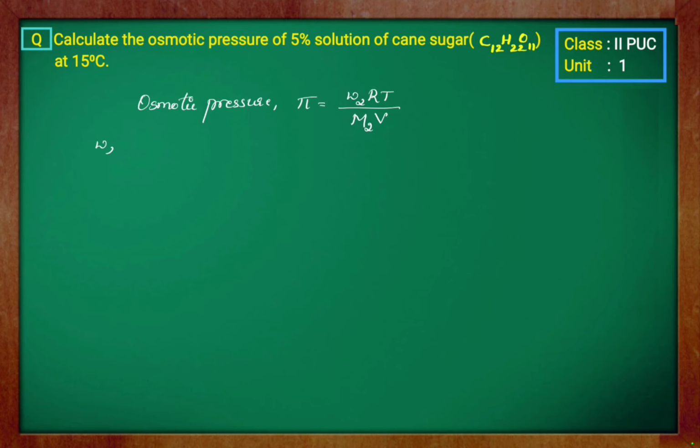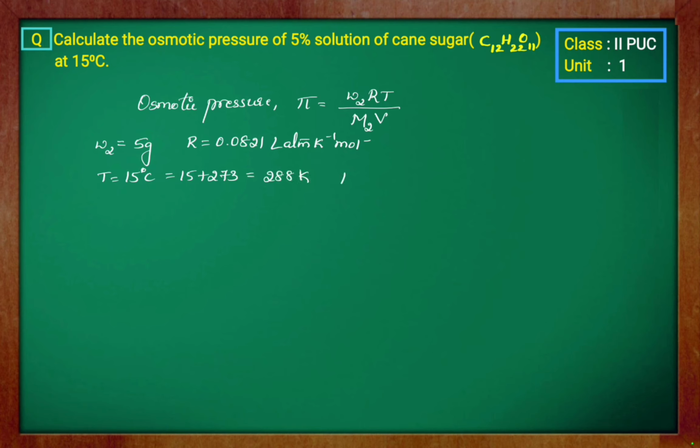So I can write weight W2 of sucrose, which is 5 gram, and the value of R is 0.0821 liter atmosphere per Kelvin per mole. So temperature they have given us as 15 degree centigrade, which is equal to 15 plus 273 Kelvin, that's equal to 288 Kelvin.